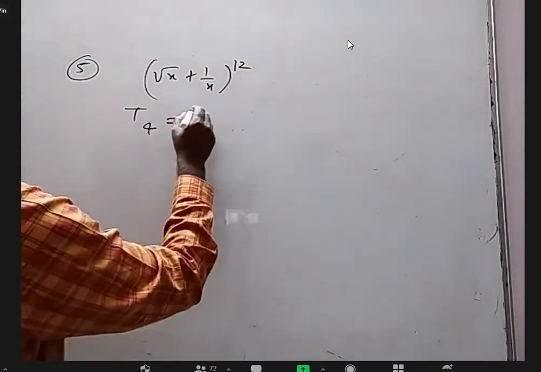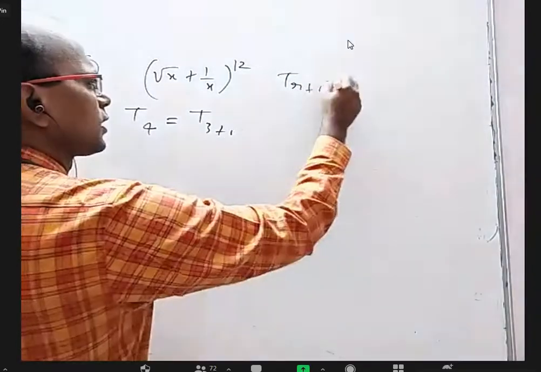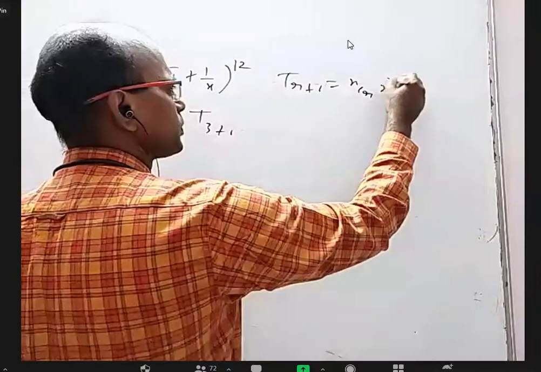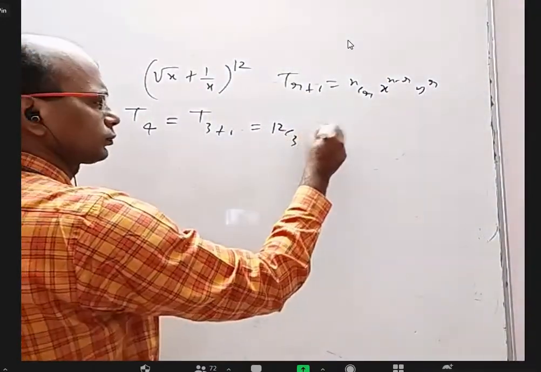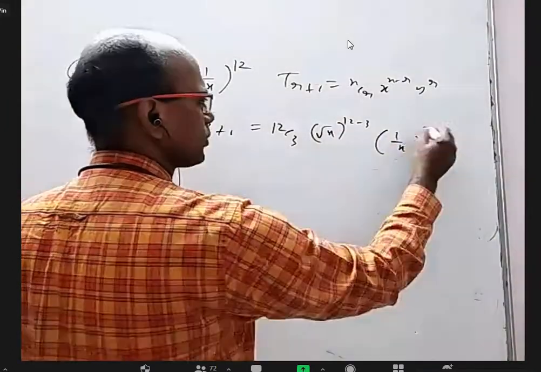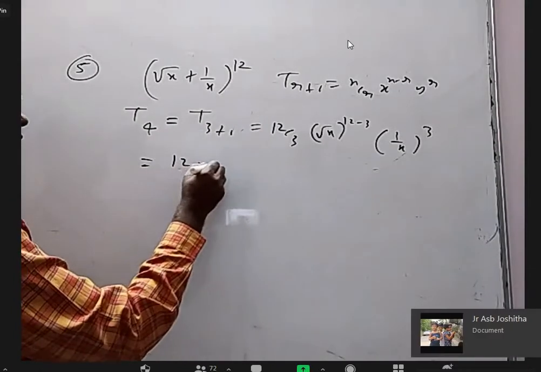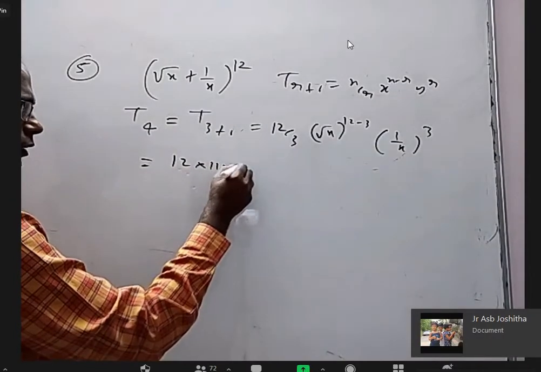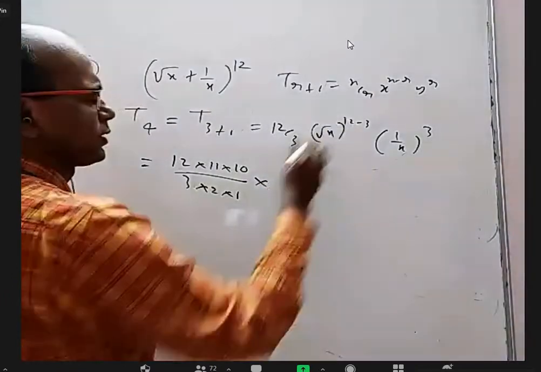Fourth term, you write T3 plus 1. And the formula for Tr plus 1 is nCr x power n minus r, y power r. Like that: 12C3, root x whole power 12 minus 3, and 1 by x whole cube. This is 12 into 11 into 10 by 3 into 2 into 1. This is 9.